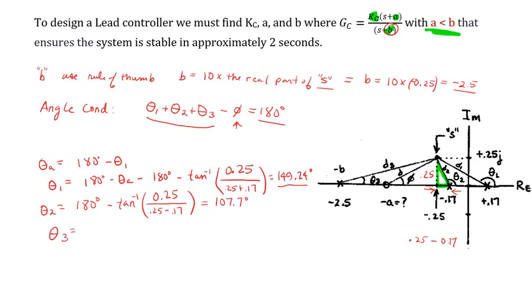Okay. Theta 3 is much easier because the angle is actually an internal angle. So that's going to be just the inverse tangent of, and again, let me draw the triangle. So it's this.